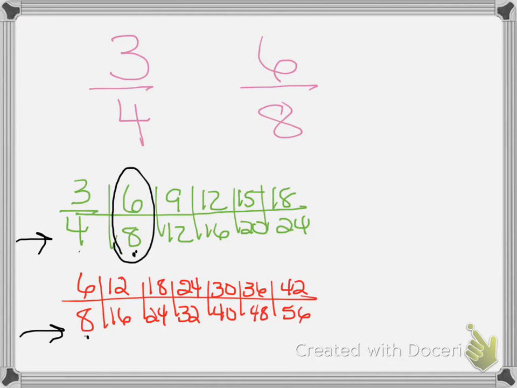So 6/8 and 6/8. They're both the same fraction, aren't they? 6/8 is equal to 6/8. So therefore, 3/4 would be equal to 6/8, because 3/4's equivalent fraction is 6/8. And we have that here. So that's where they would be equal.